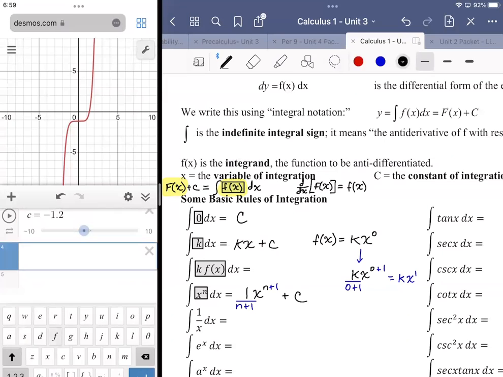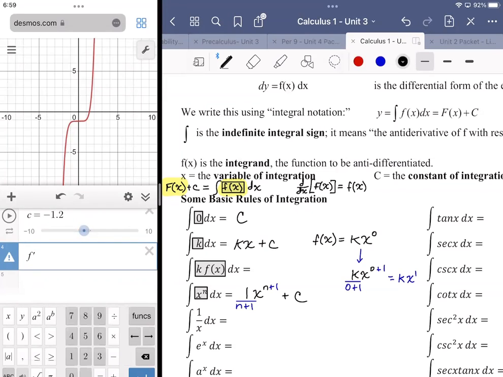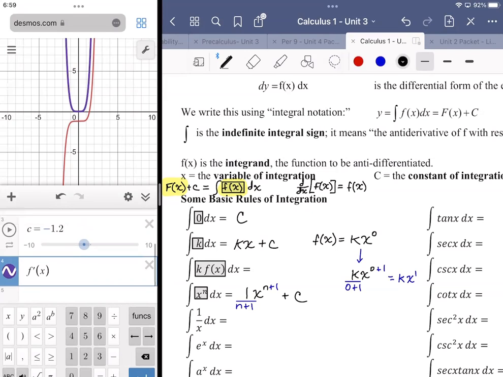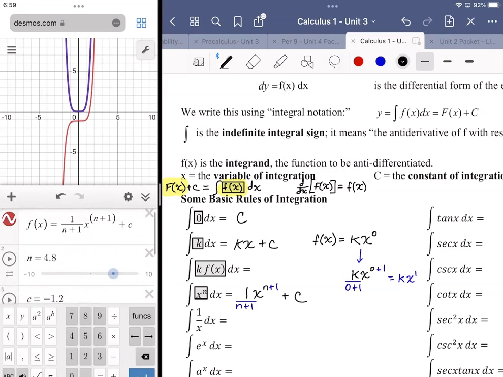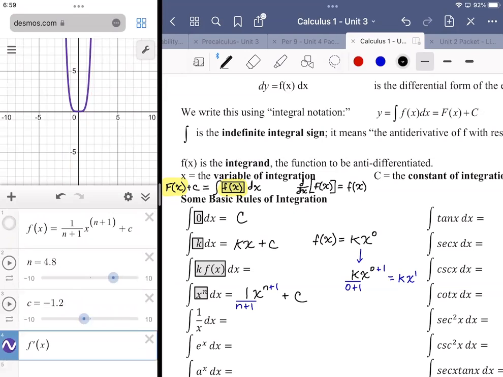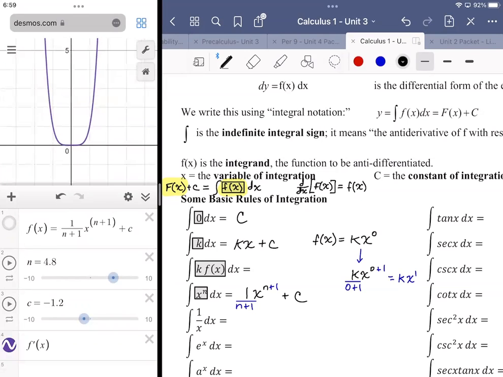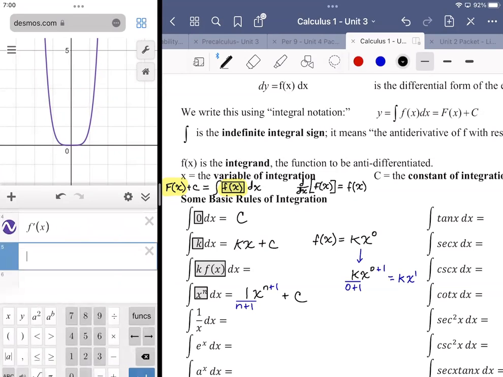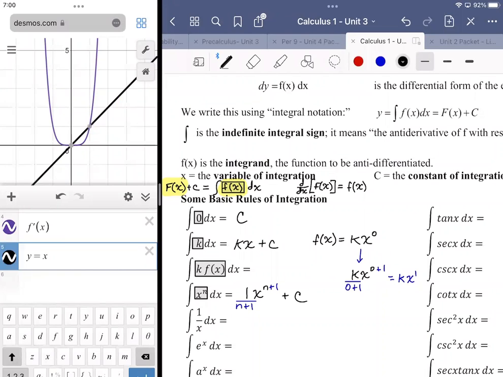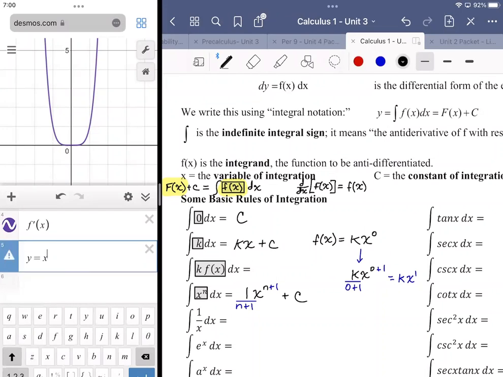Then I would just take the derivative of that, f prime of x. That should match my integrand. So I would turn off the original function I put in. I don't even want to look at that anymore. What I have in blue should be equivalent to y equals x to the n. If it's not, then either I found the one instance where Desmos doesn't work, or I made a mistake.